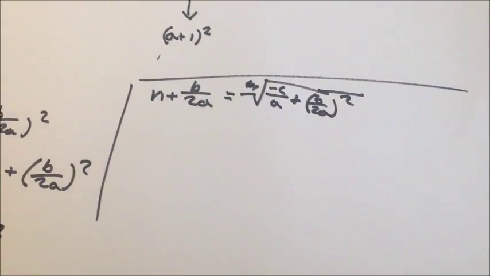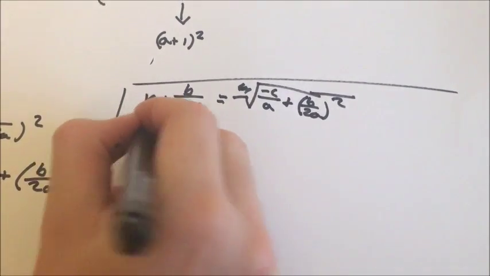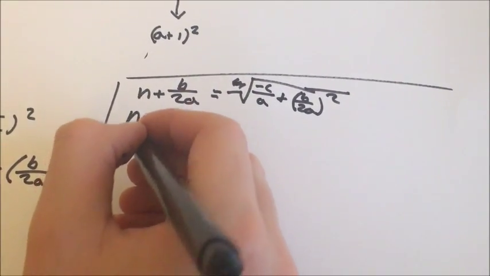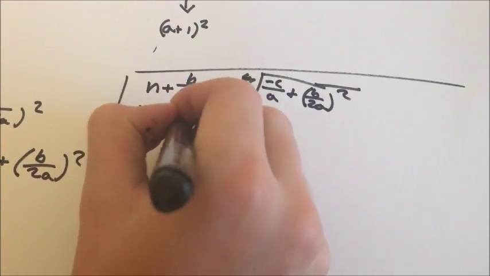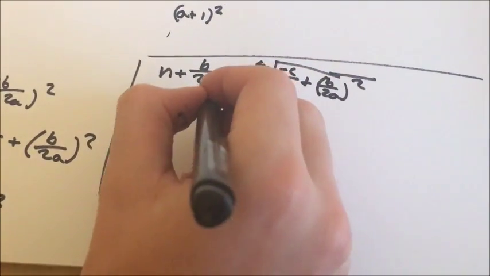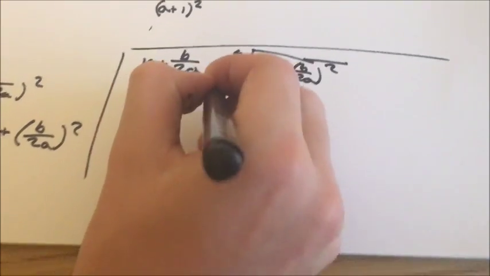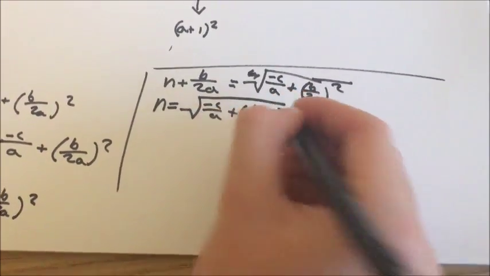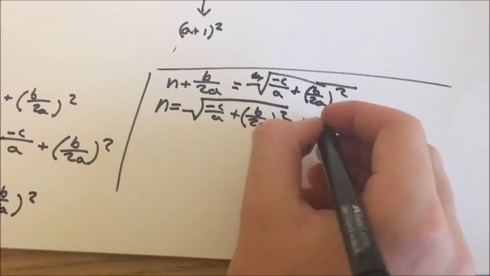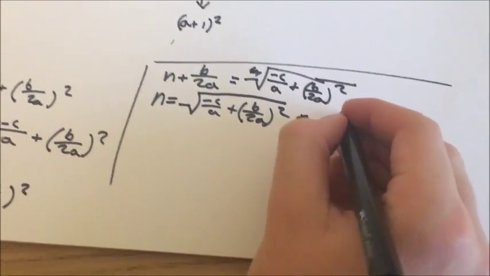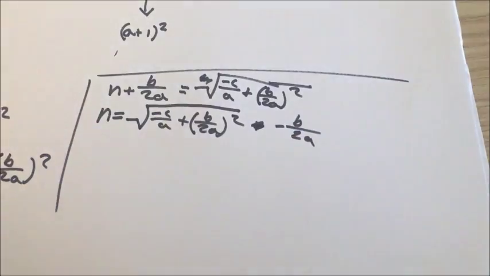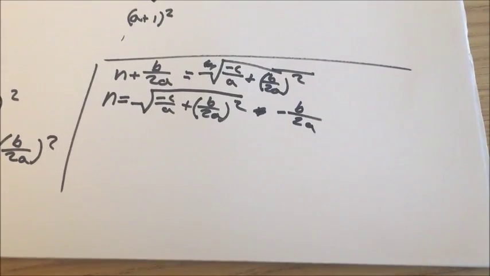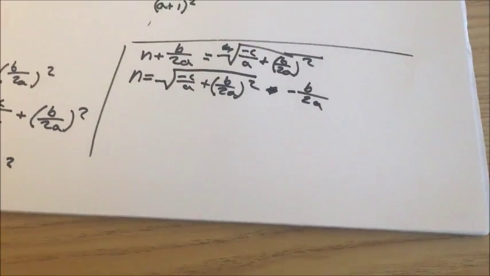And if we just subtract this from both sides, we are left with almost, very almost, our final answer: the square root of negative c over a plus (b over 2a) squared, and then outside of the square root, subtract b over 2a. And now all we have to do is rearrange this slightly.